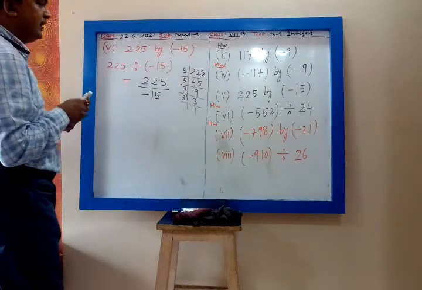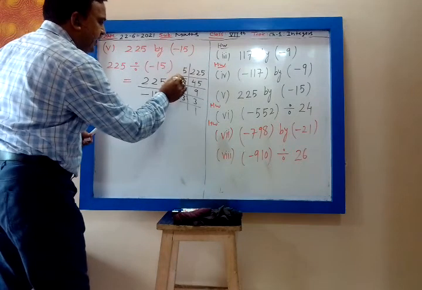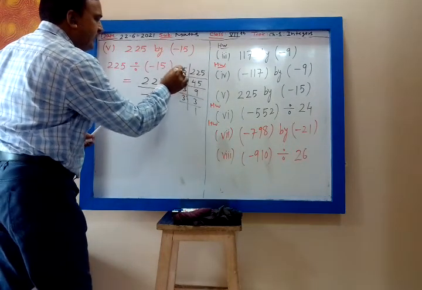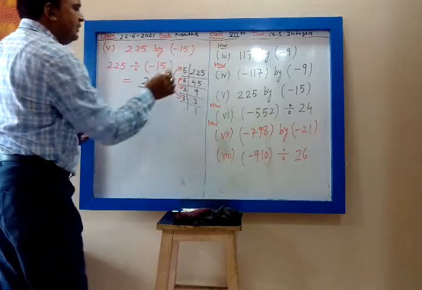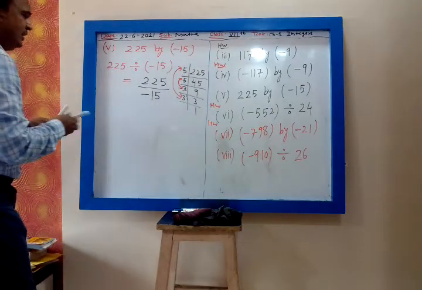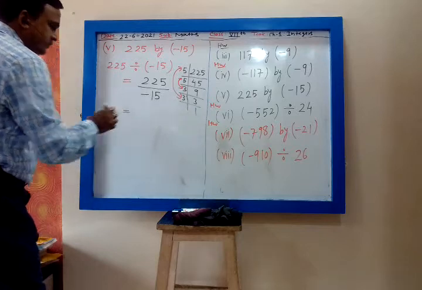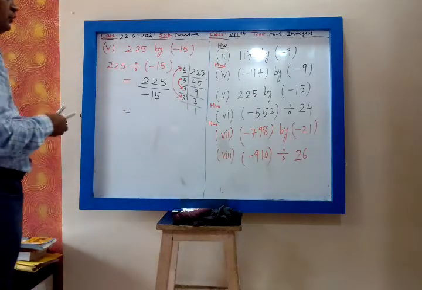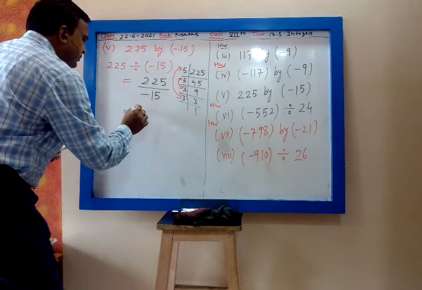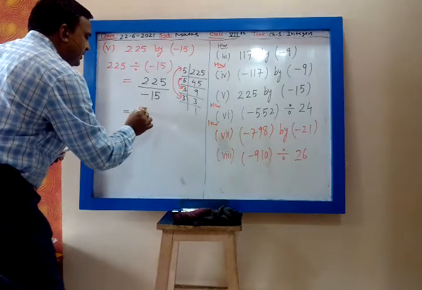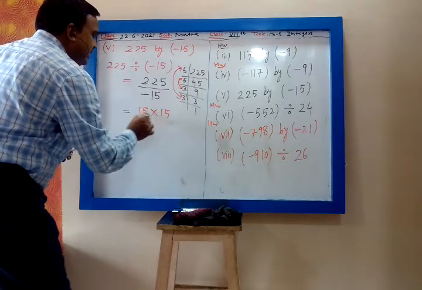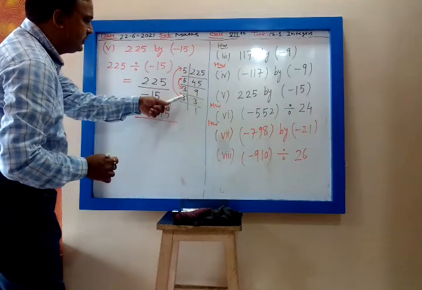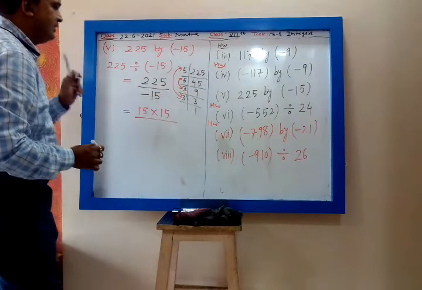So now 225 you can write as 5 into 3 15, 5 into 3 15. So 225 I can write as 5 into 15 into 15.